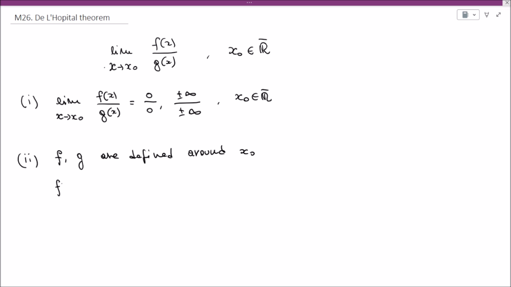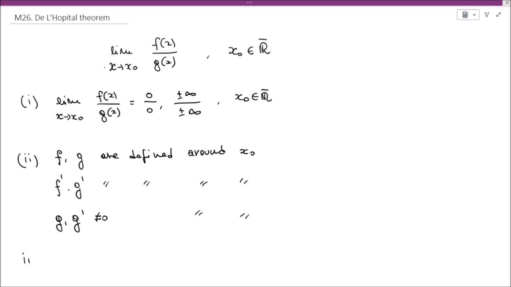The same thing is required for f prime and g prime. And finally, we also require that g and g prime are different from 0 around x naught.